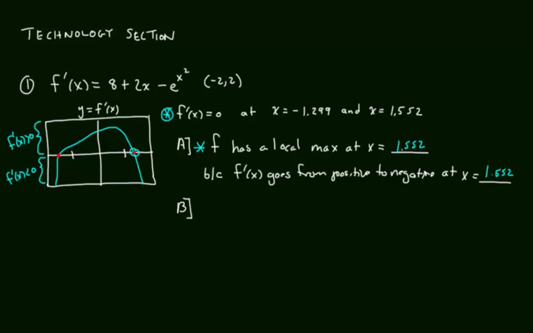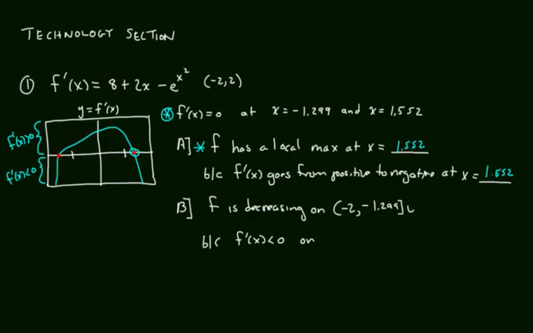Okay, so now we're going to look at B, and B says on what interval is f decreasing. My reason will be because f prime of x is less than 0 on some interval. So you can see where the derivative is below the x-axis. So we're going to say f is decreasing on (-2, -1.299] union [1.552, 2), with a parenthesis at -2 and at 2 because those are not in the domain.